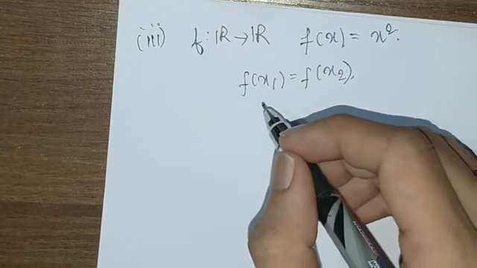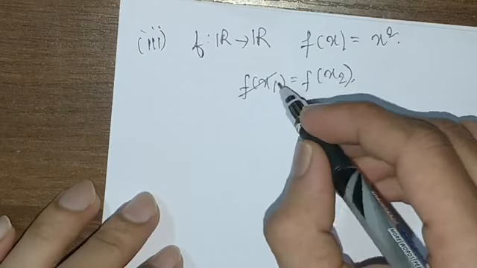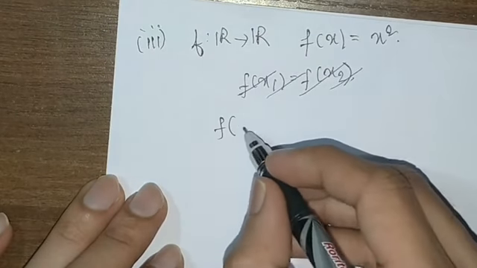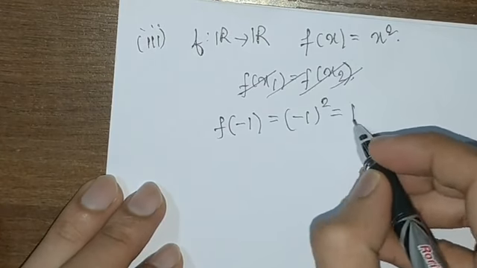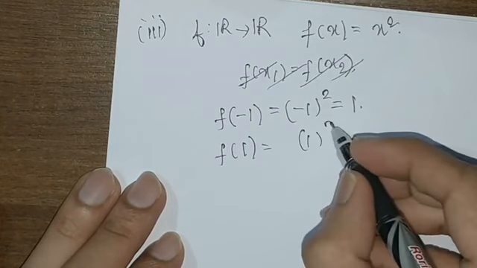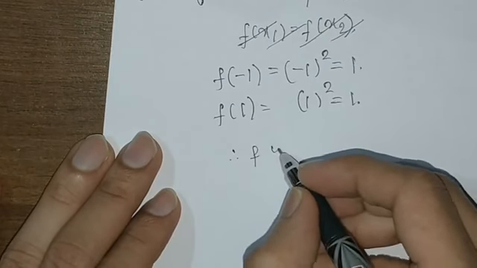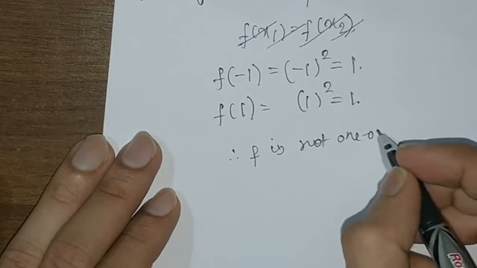But this function looks like it is not 1-1. How is it not 1-1? If you take f at minus 1, you get minus 1 the whole square, which is 1, and if you take f at 1 you get 1 square, which is 1. So therefore f is not 1-1.